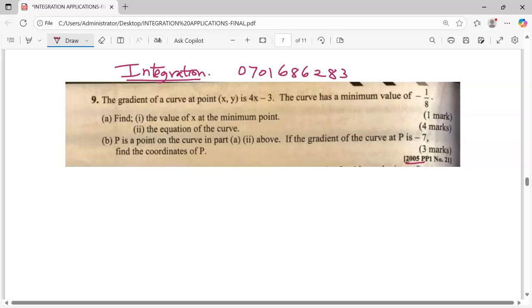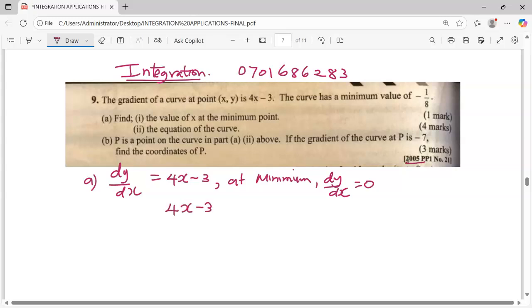We have dy/dx, which is the gradient function, and the gradient function is 4x minus 3, and we need the value of x at the minimum point. We know that at a minimum or maximum of anything, dy/dx is usually 0, and therefore 4x minus 3 equals 0.